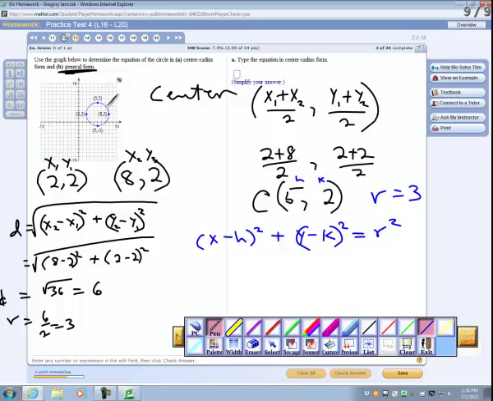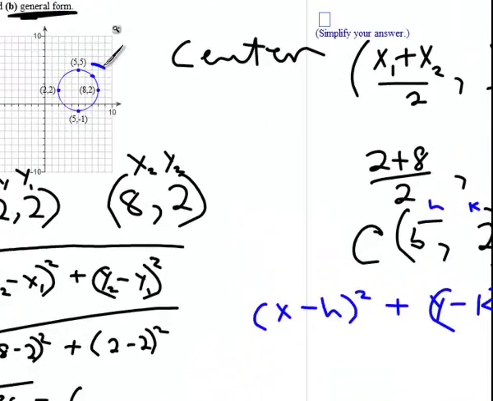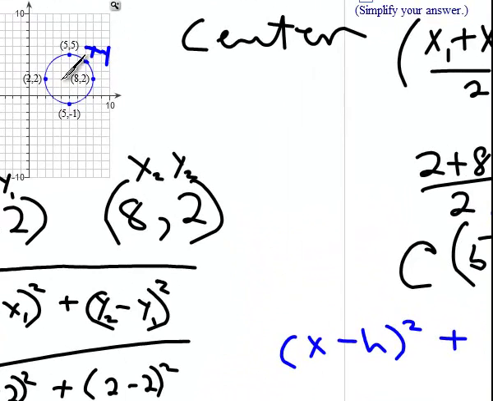X and Y is always going to be the points on the outer curve. Okay, this is X and Y. This is H and K as the center. Okay.